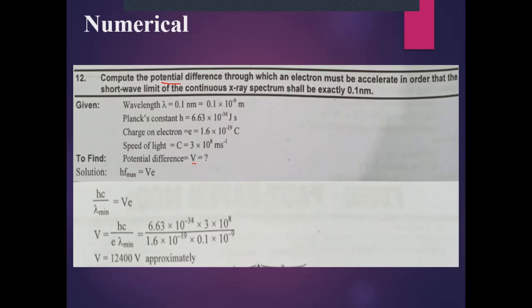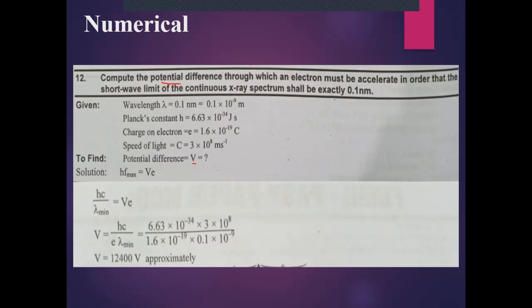Again the constants c, e and h have the values: 3 into 10 raised to power 8 meters per second, e is 1.6 into 10 raised to power minus 19 coulomb, and h is equal to 6.63 into 10 raised to power minus 34 joule second.